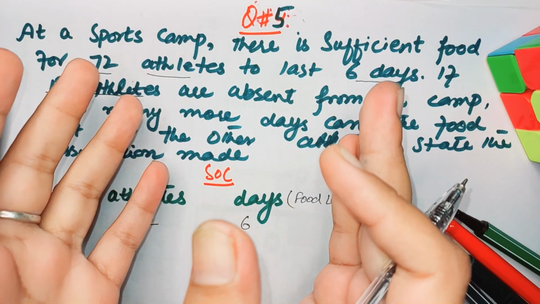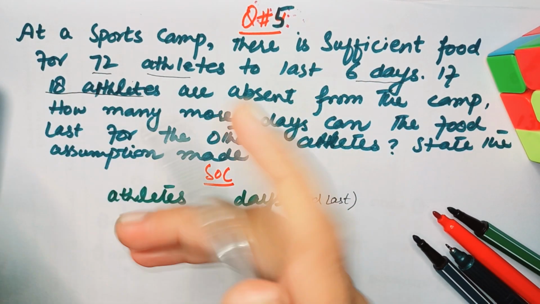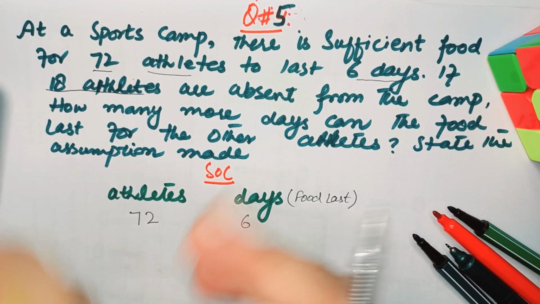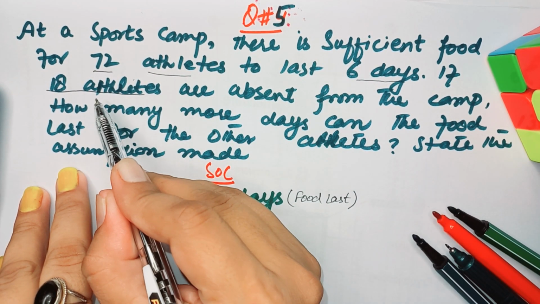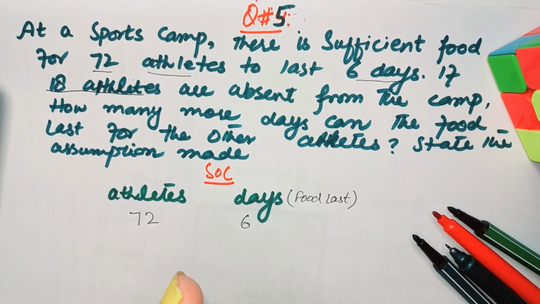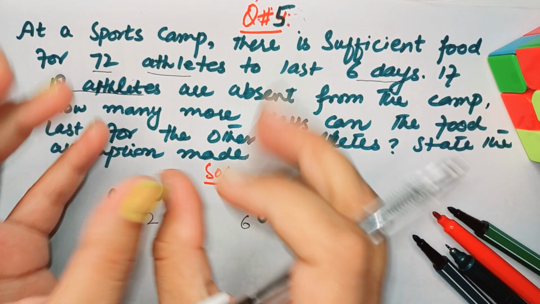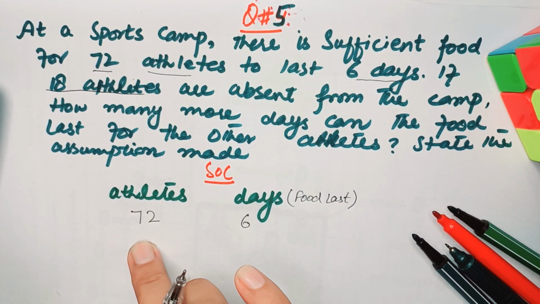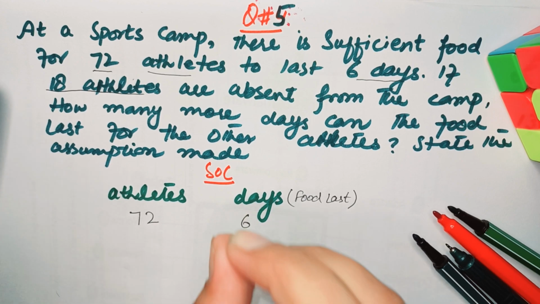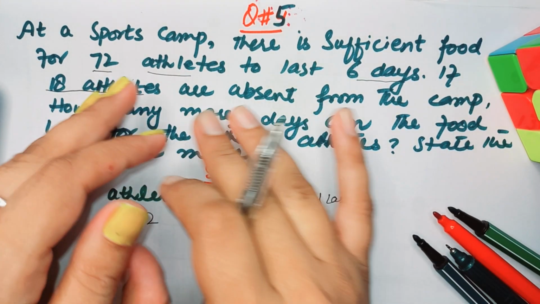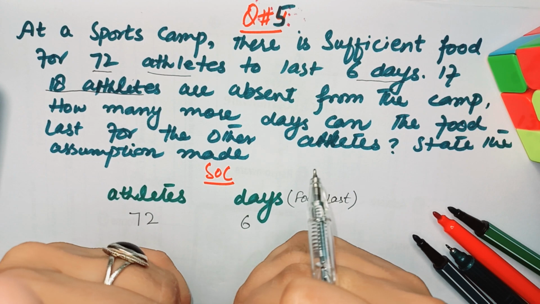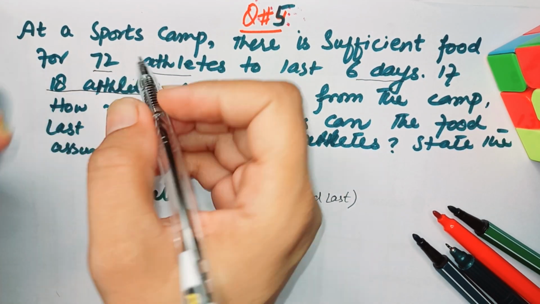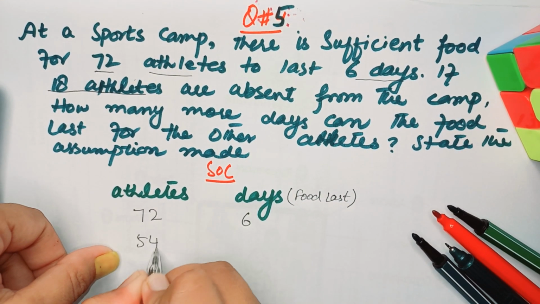Now what students do is that they write here 18 athletes without noticing that it's written that if 18 are absent from the camp. Students क्या करते हैं, just 18 यहाँ पे athletes को 18 ले लेते हैं. You have to understand the statement carefully. 18 athletes are absent. It means earlier we have 72, now 18 are absent, so we have 54 athletes.